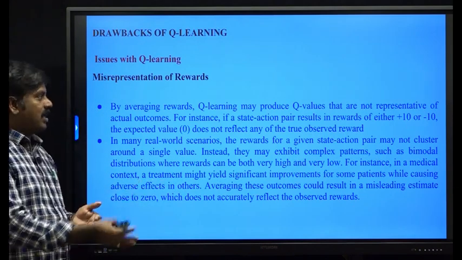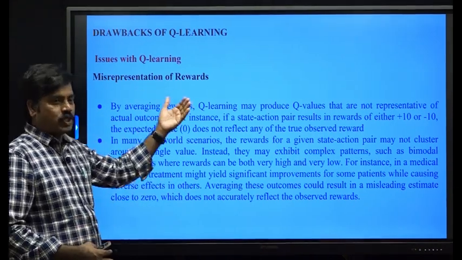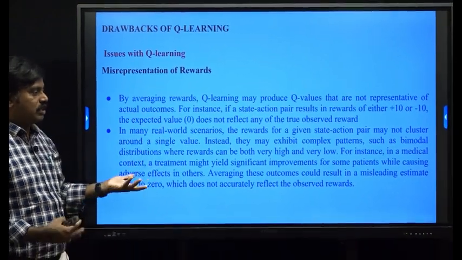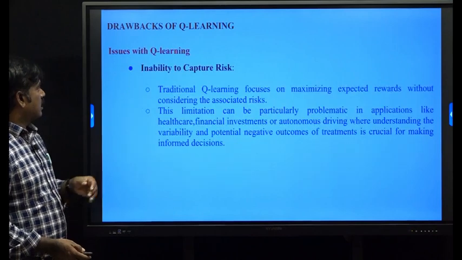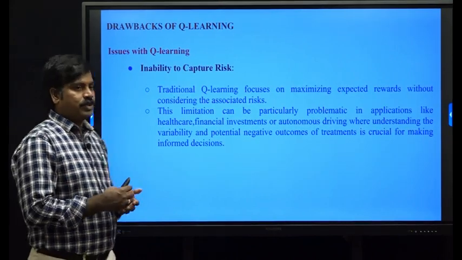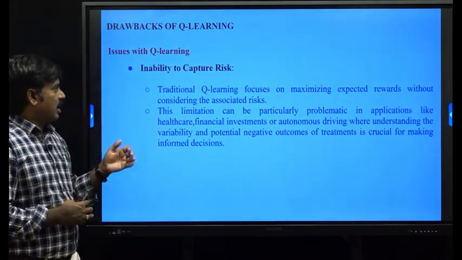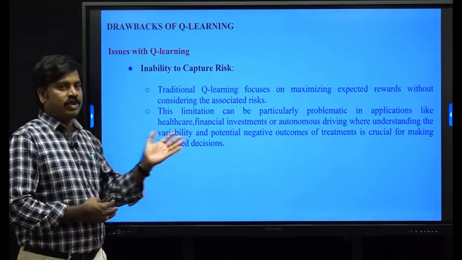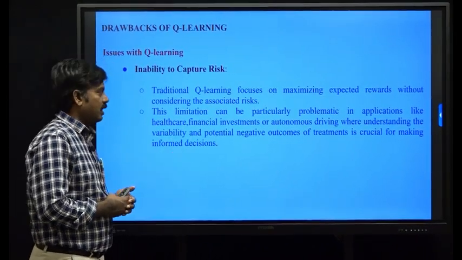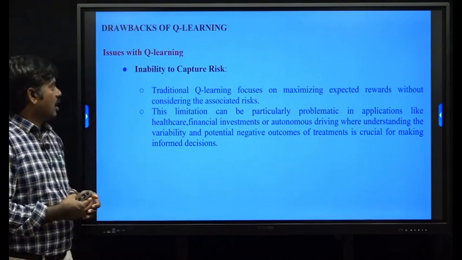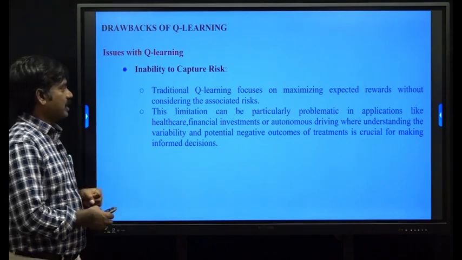It is the plus 10 and minus 10, positive and negative. The average is 0. So, this is the misrepresentation of rewards, and it does not consider the variability and the distribution of the different actions associated with the state and actions. The third is the inability to capture risk.